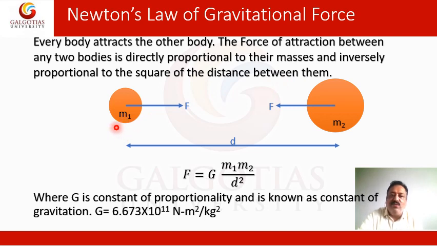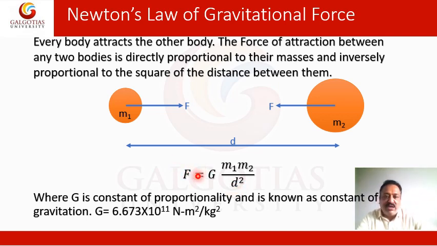Like if we have two bodies, one having mass m1, the other having mass m2, they both will attract each other with force F. The distance between the centers of gravity of these two bodies is d, as shown in the figure. So Newton's law says the force of attraction F is proportional to the product of masses m1 and m2, divided by, inversely proportional, that means divided by the square of the distance, d squared.